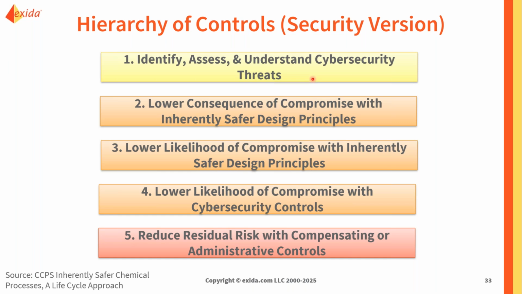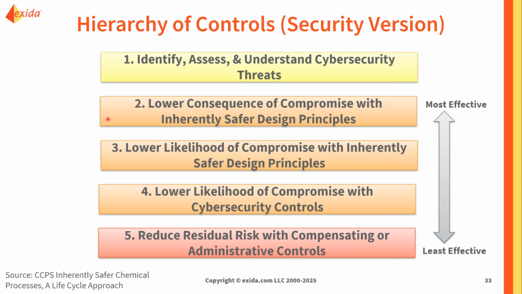Sometimes companies will do a threat model to better understand their component or their system they're developing. Oftentimes, sites will do a cyber risk assessment activity to really understand where their risks lie. And then based on that, we can implement controls in, again, a similar layer of priority, starting with the most effective controls and moving down to the least effective.